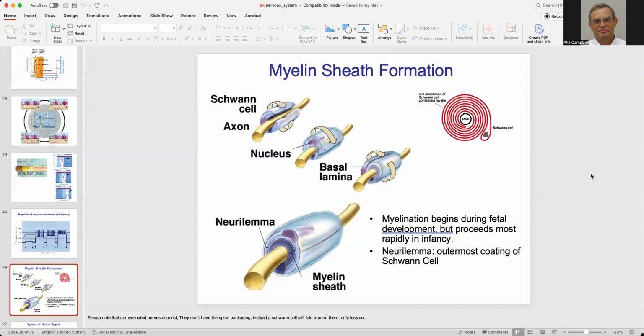I want to spend a little bit of time talking about how that works, because it's critical. Not only do we need to conduct a signal across this long distance, we need to do it very quickly, beyond the limitations of neighbor to neighbor exchange, right? And that's because these Schwann cells act as an insulator. Now, how does that work?